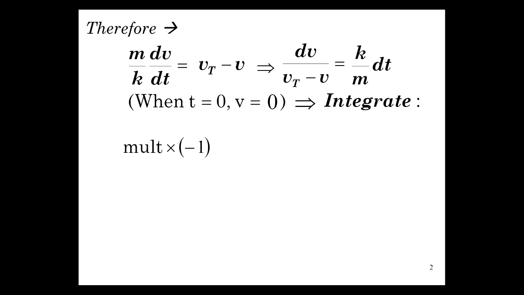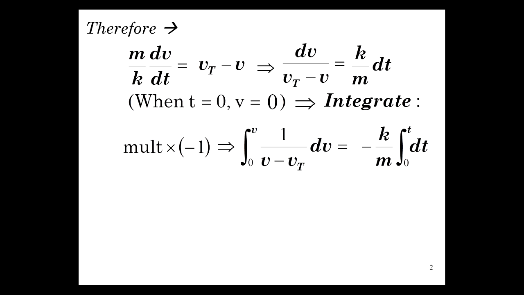So now we're going to integrate and multiply by -1 to put this in a better form, because you'll notice that we have a minus v here, and I'd like to get that as positive. So we're going to integrate from 0 to v of 1 over v minus v_t dv is minus k over m, integral from 0 to t of dt.